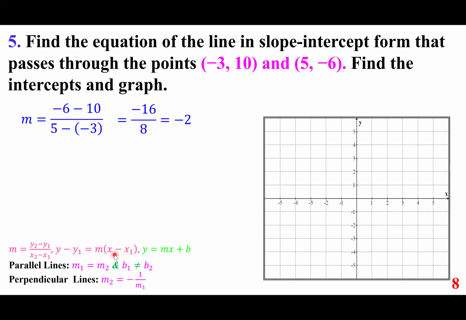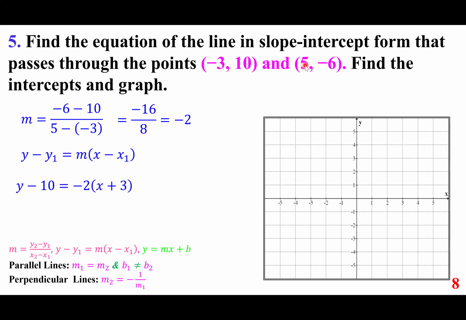We're going to use this formula y minus y1 equals m times x minus x sub 1, and we use one of those pairs, it makes no difference. For example, if I use this one, I get y minus 10 equals -2 times x minus -3, which makes it +3.